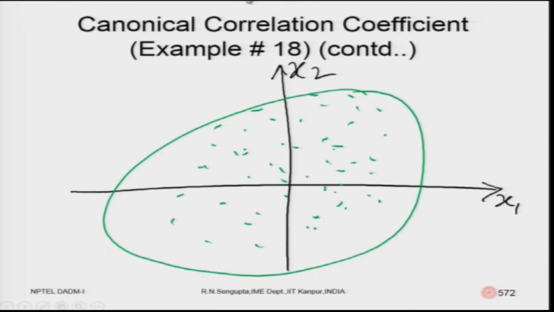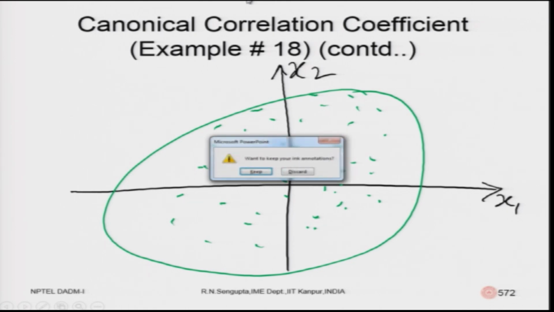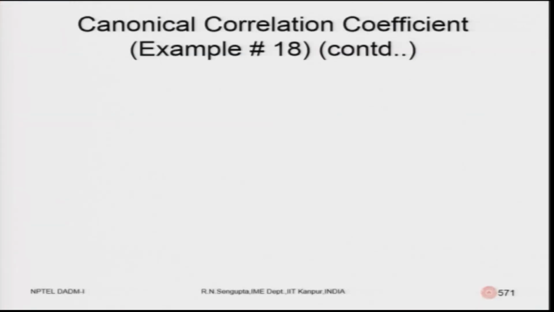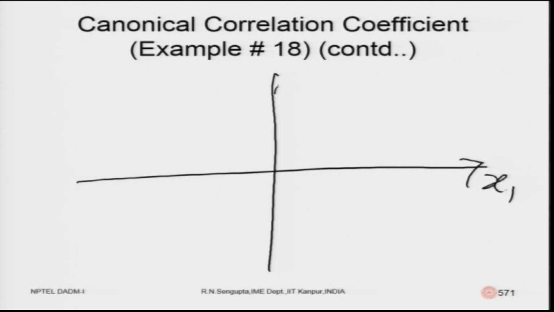Finally, I will not discard it, I will erase it and draw it for the, oh sorry, my mistake, I will draw it for the negative one also. You have seen it, then I will come to the next. So, once I have it for negative values, this is x1, this is x2.